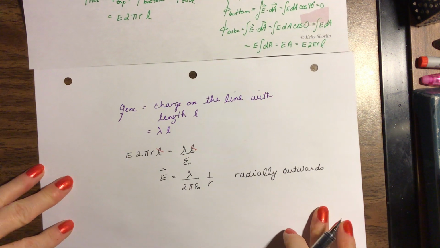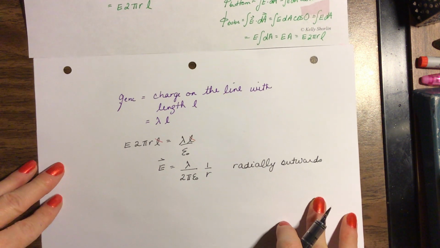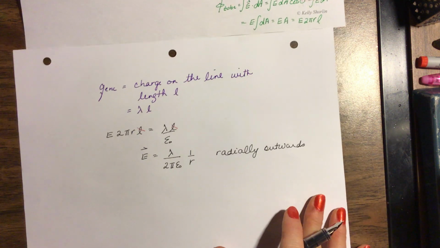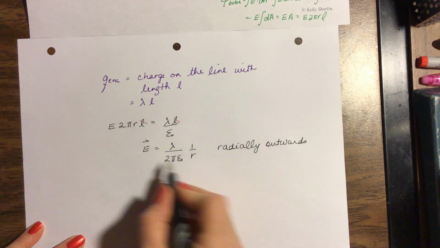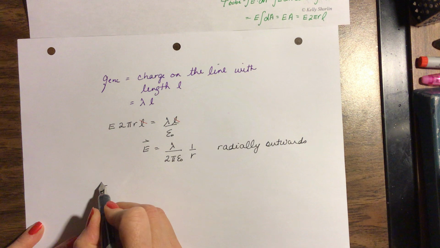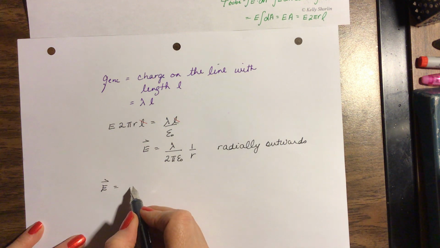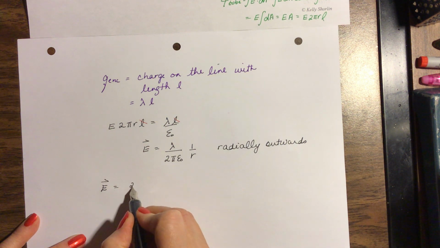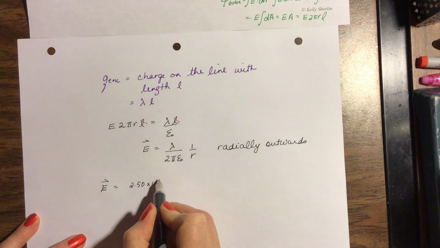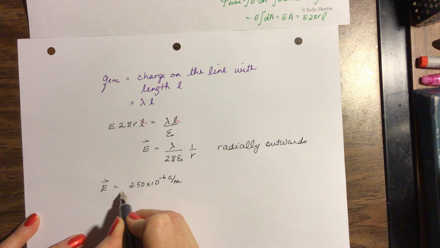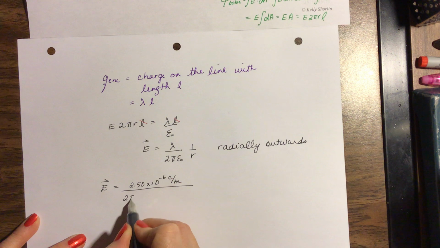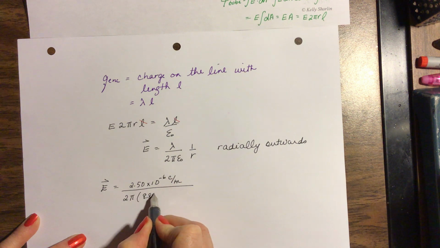Now, we were asked for a specific value at r equals 1 centimeter, so I'll put in r equals 1 centimeter next to get my answer. This is my expression. My lambda was given, that's 2.5 times 10 to the minus 6 coulombs per meter. I'm going to divide that by 2 pi times epsilon naught.